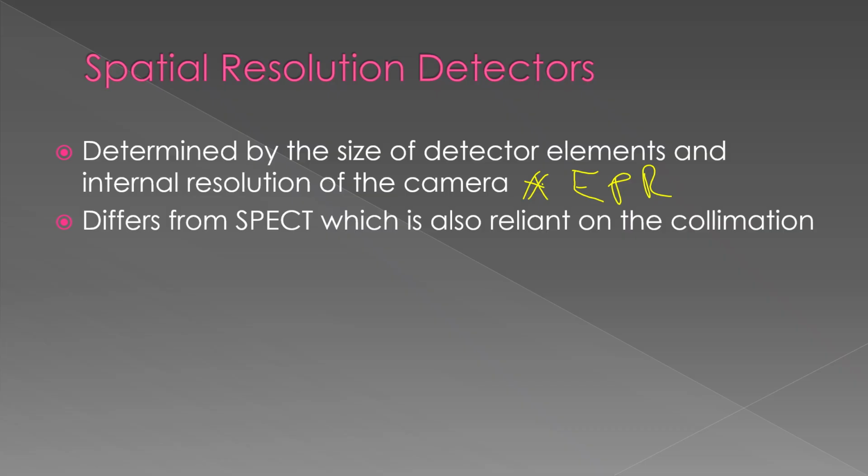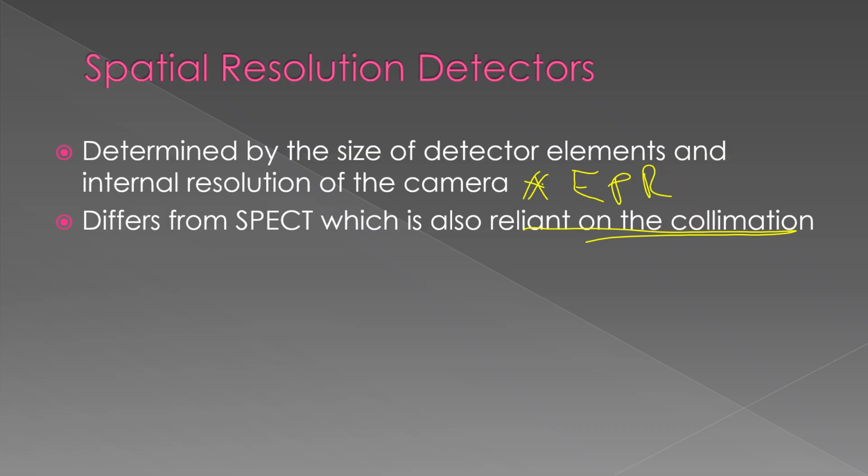This differs from SPECT. SPECT is very reliant on collimation, and PET is not. With PET, all of it is electronic, and so we don't have collimators like we have with gamma cameras. We do it all electronically with that timing and the coincidence timing.